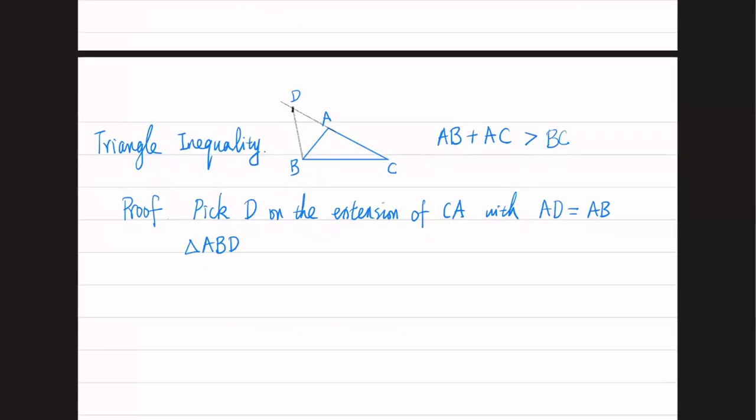In this triangle, AD and AB are the same. So equal sides, equal angles.